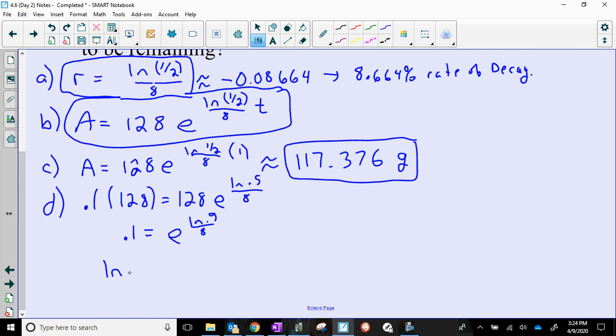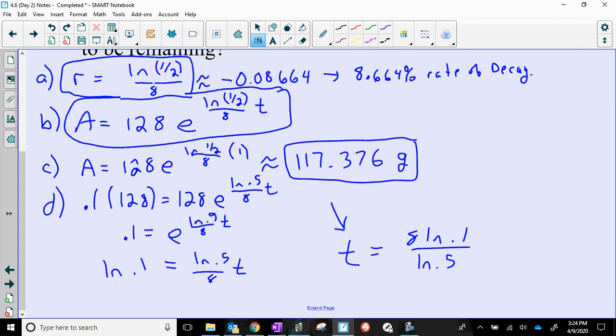So it's log base e of the number 0.1 equals my exponent, which is natural log of a half over 8 times t, and the question is how long. So times by 8, divide by natural log of a half, or I could just say divide by that rate I had, and that gets my answer. Here's the thing.